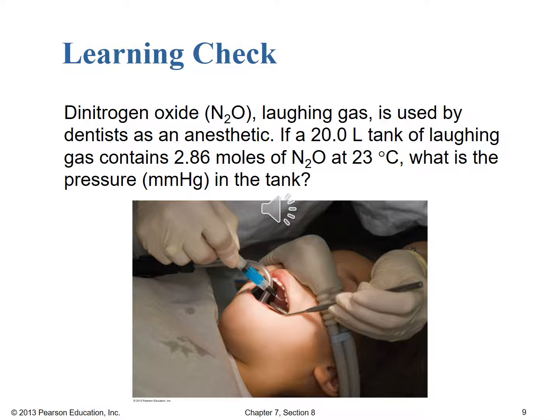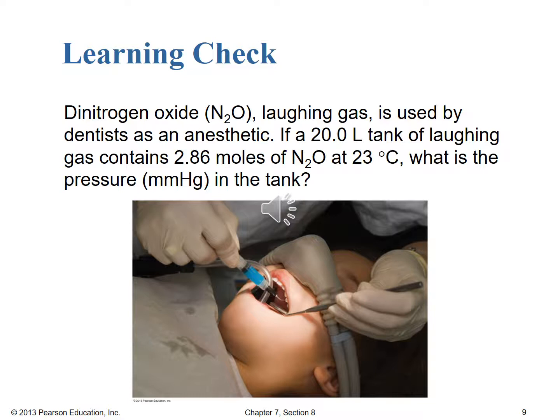This learning check says dinitrogen monoxide, technically, if we want to give the actual name, nitrous oxide as it's commonly called, laughing gas, is used by dentists as an anesthetic. If a 20.0 liter tank of laughing gas contains 2.86 moles of N2O at 23 degrees Celsius, what is the pressure, in millimeters of mercury, in the tank?